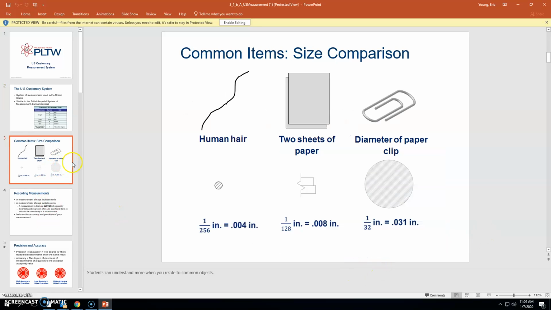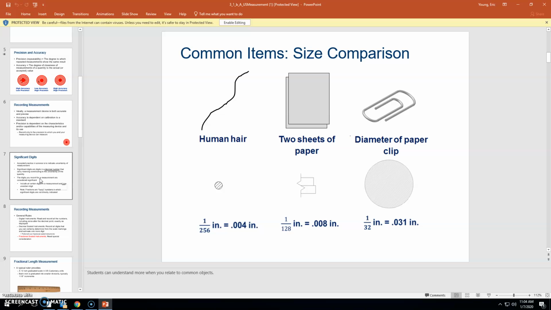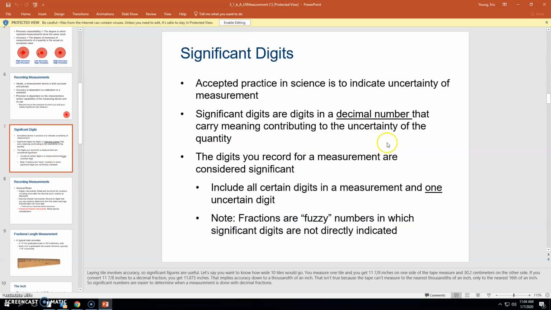Again, I'm not going to read you the entire PowerPoint, but just kind of take a look at what it means to measure. Significant figures are something that you should be aware of, but fall beyond the scope of this class. So the idea with a significant figure is that you can always add one more decimal place beyond what your measurement device is capable of.